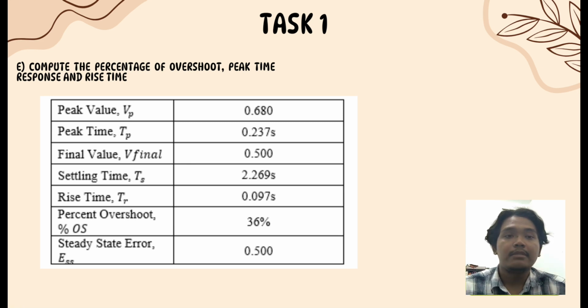For the settling time TS, we got the value of 2.269 seconds. Then the rise time TR, we got the value of 0.097 second. For the percentage overshoot %OS, we get the value of 36%. For the steady state error ESS, we get the value of 0.500.